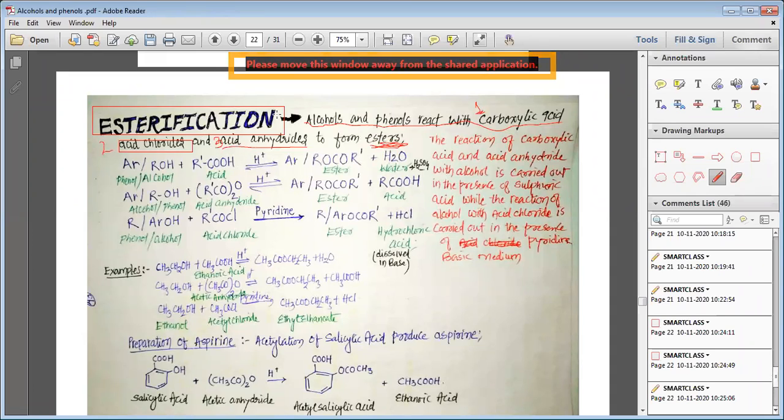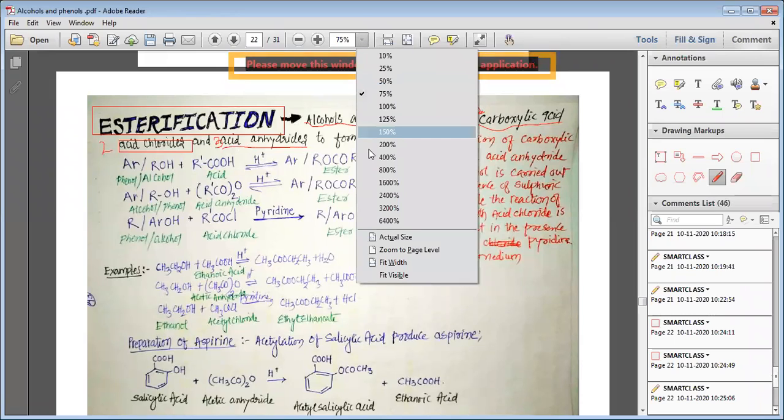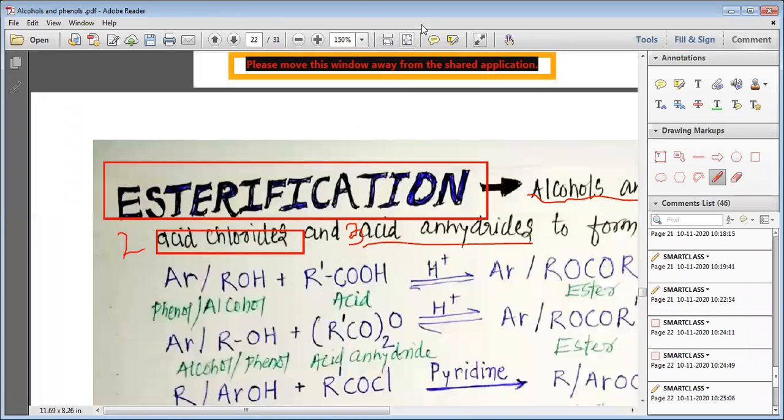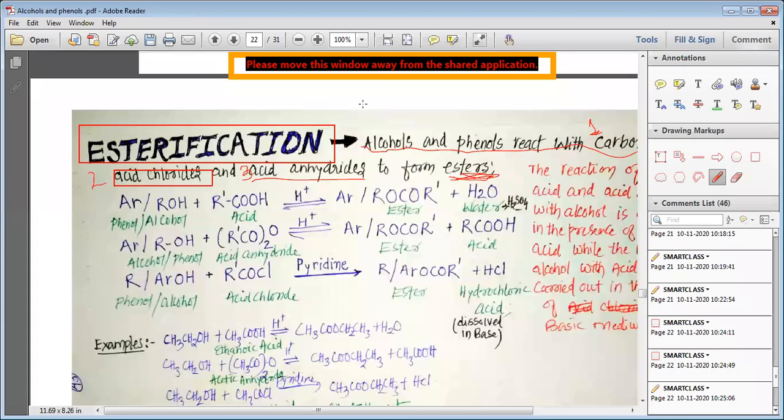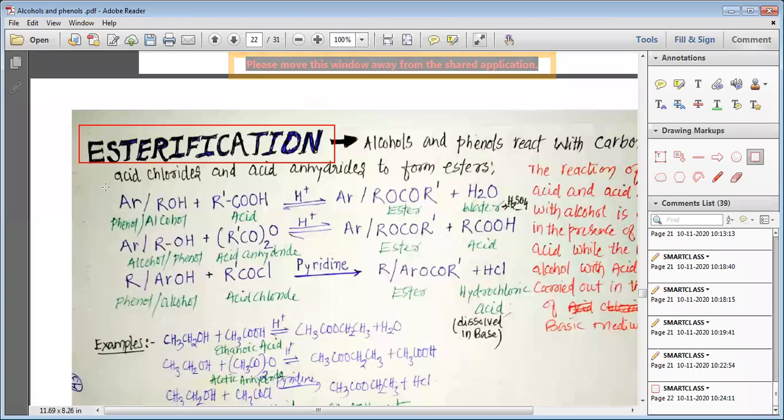So alcohols and phenols, when they react with carboxylic acids, acid chlorides, or acid anhydrides, produce esters. This process of obtaining esters from alcohol and acid chloride, from alcohol and acetic anhydride, from alcohol and carboxylic acid is known as esterification.